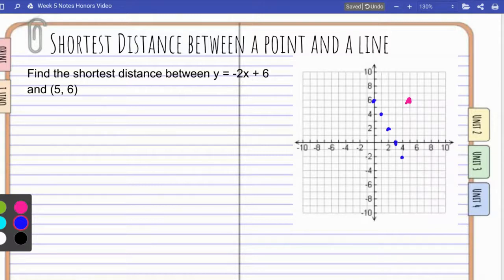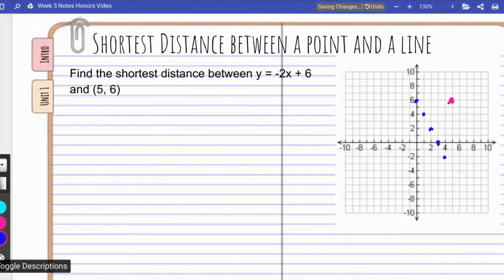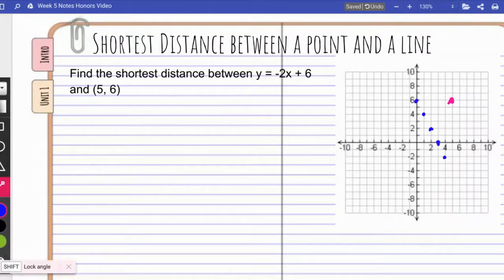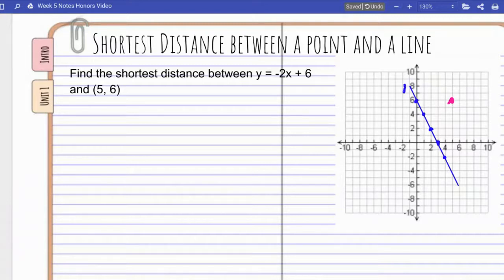I can continue to do that. I'm just going to draw my line. So my line looks kind of like that, with arrows, of course.